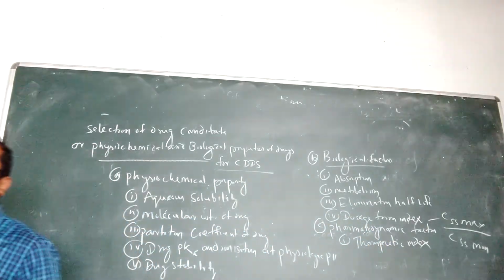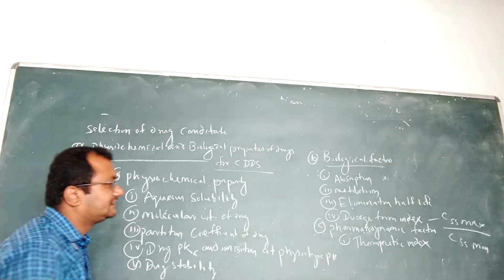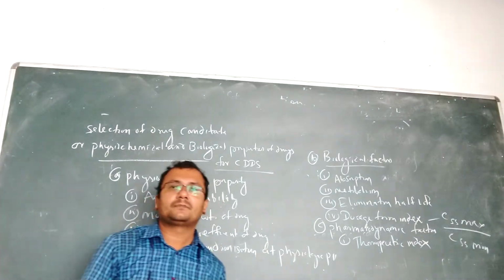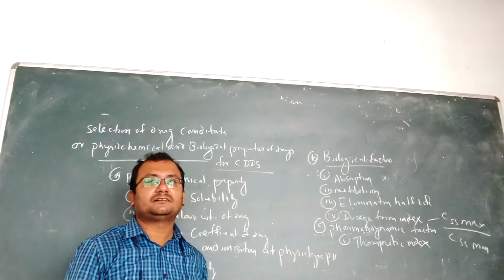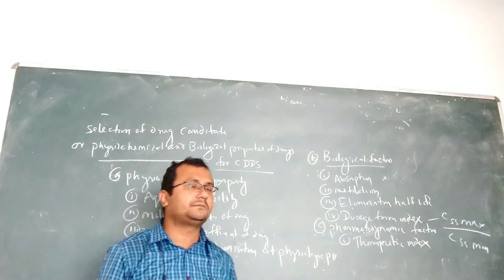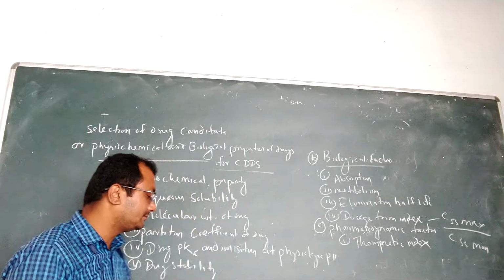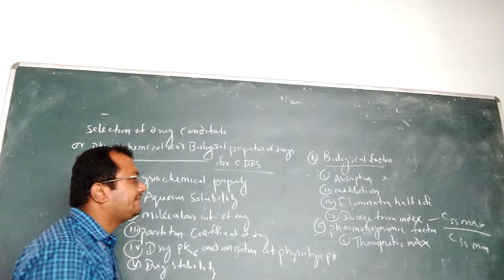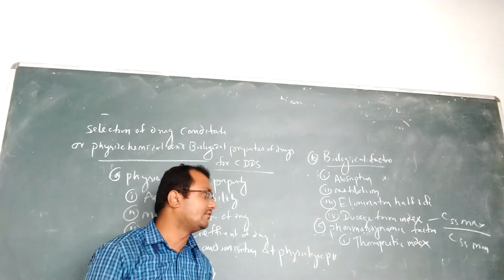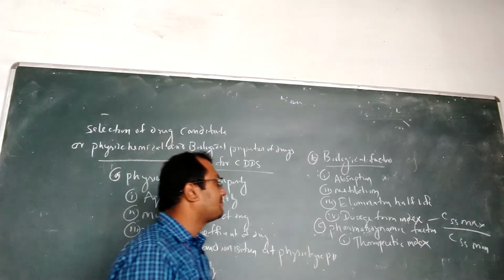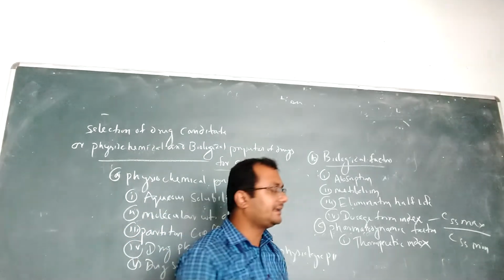It is an index from which we can know how well the drug gives better absorption, and we can optimize the dose of the controlled drug delivery systems. Generally, if it is 1, it is suitable for controlled drug delivery system.